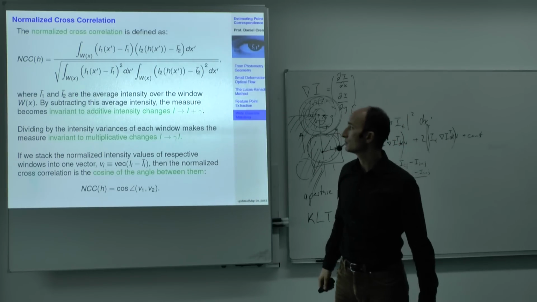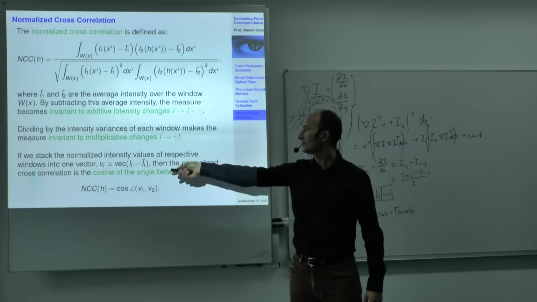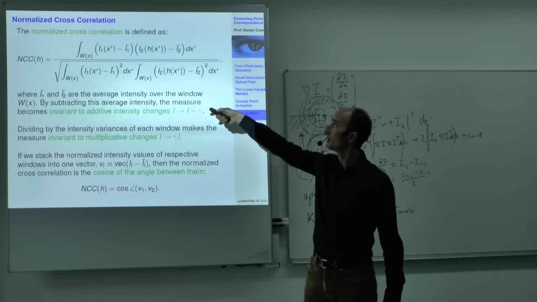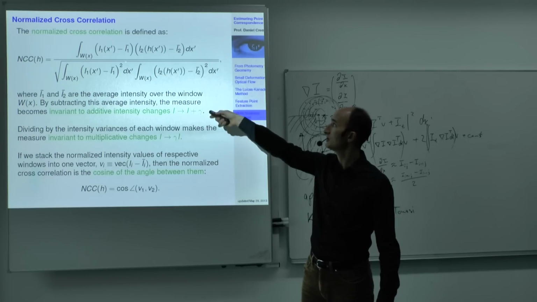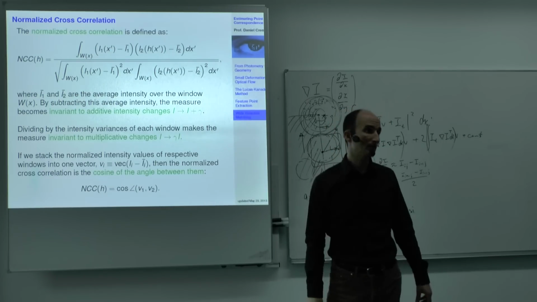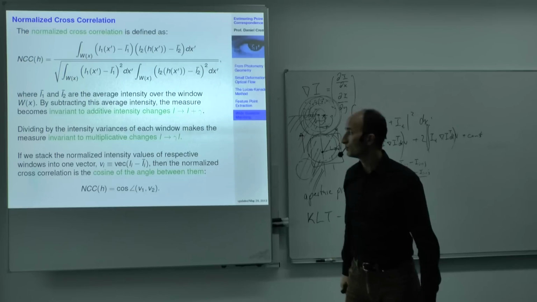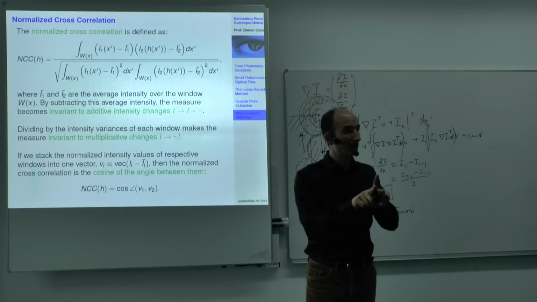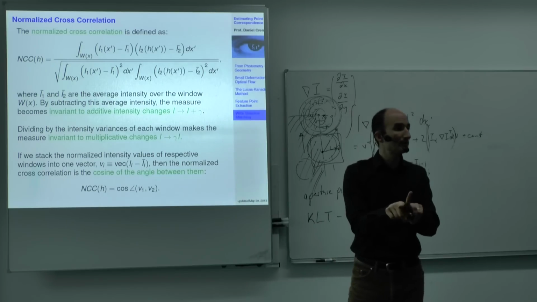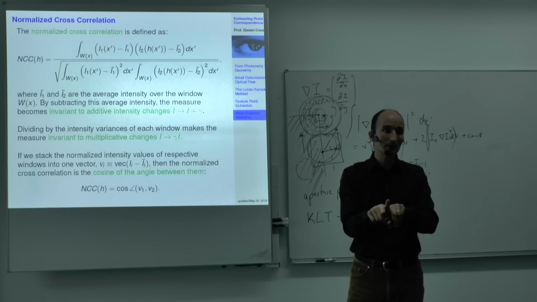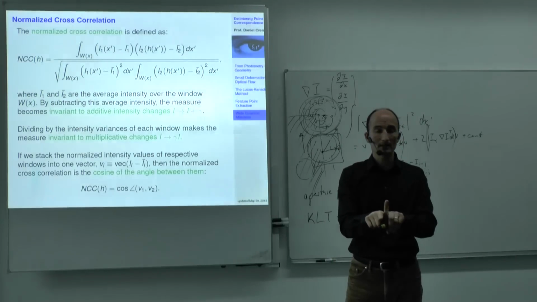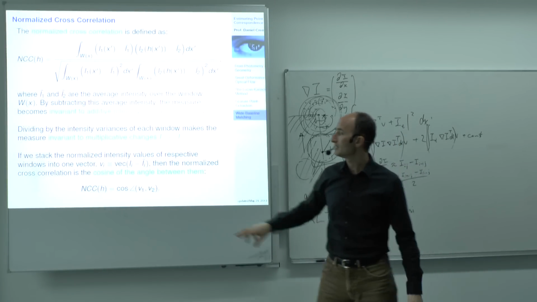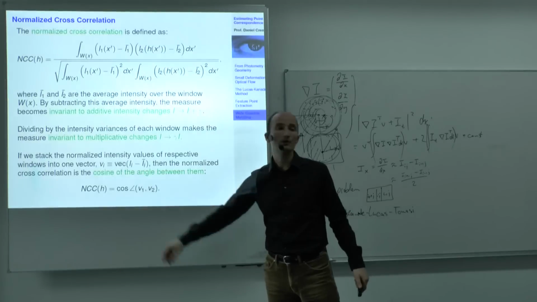The way you can see that is, if you call these vectors vi, then what you have here is the scalar product of v1 times v2 divided by norm v1 and norm v2. Geometrically that is nothing but the cosine of the angle between these two vectors. I have one vector representing the normalized brightnesses of the first image, one representing the normalized brightnesses of the second image in the respective windows, and I take the angle and the cosine of it.